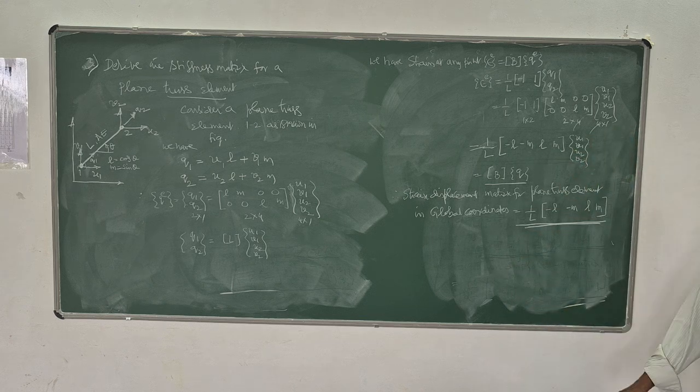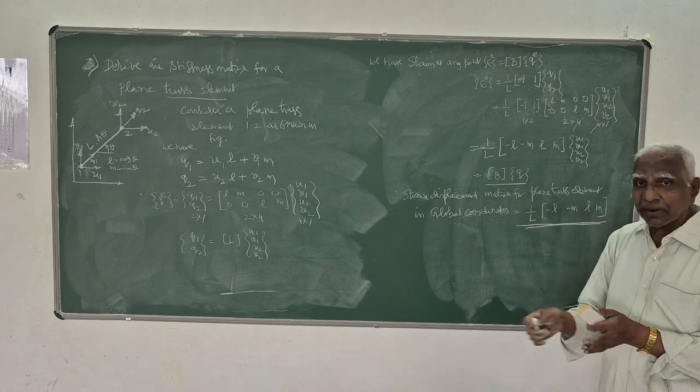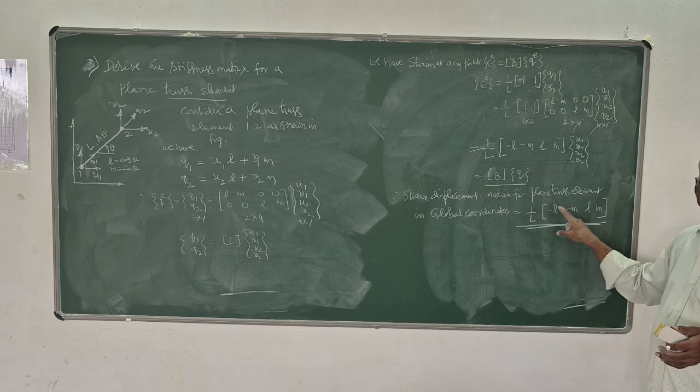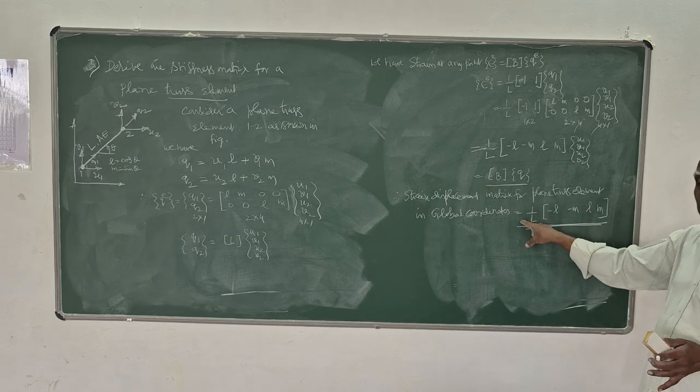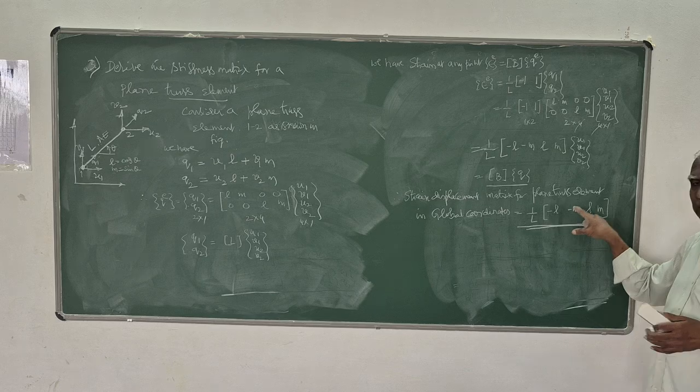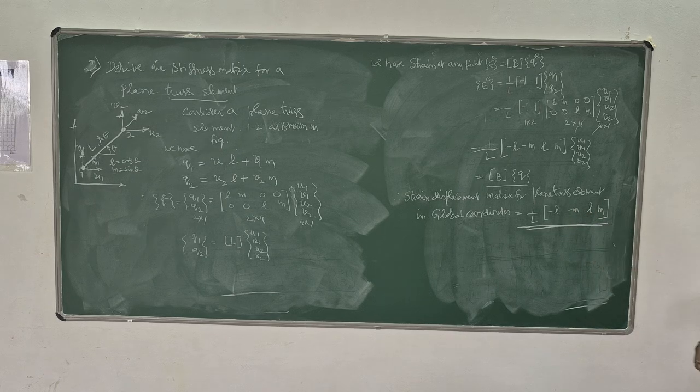This you have to remember. In case of bar element, it is just 1 by L, minus 1, 1. Now it is 1 by L, minus L, minus m, L, m.